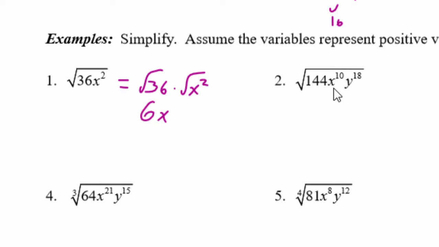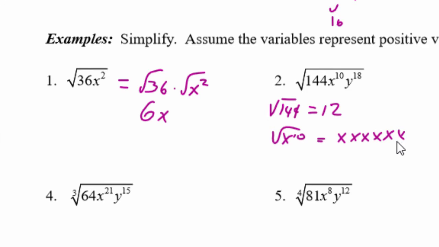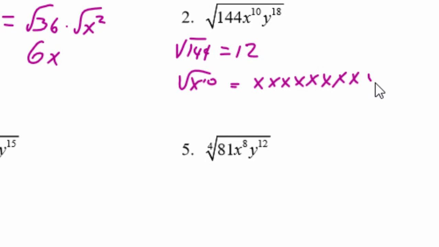Square root of 144 x to the 10th y to the 18th. So I want you to see what's happening here. The square root of 144, that's 12. The square root of x to the 10th, so let's look at this. There are 10 x's here. I'm going to write them all out because I want you to visualize this.